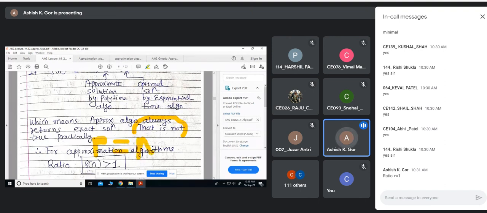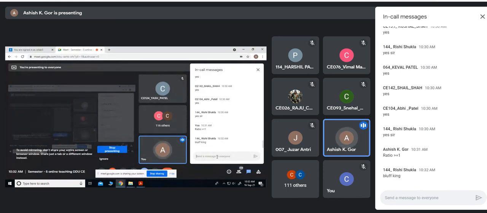Am I saying correct or not? If every problem's approximate solution were exactly equal to optimal in polynomial time, you would have solved this $1 billion problem, P equals NP. Yes, right? So it is not possible.